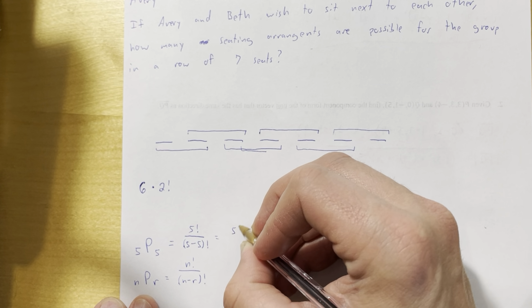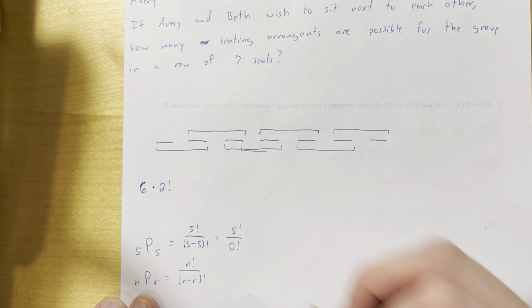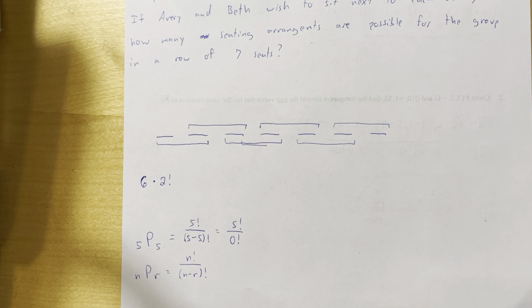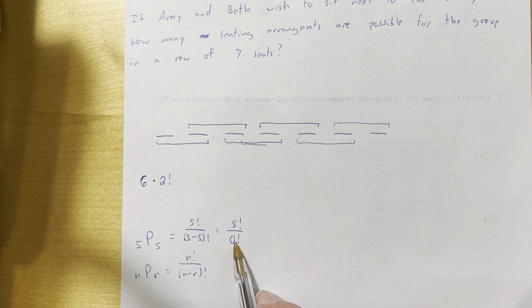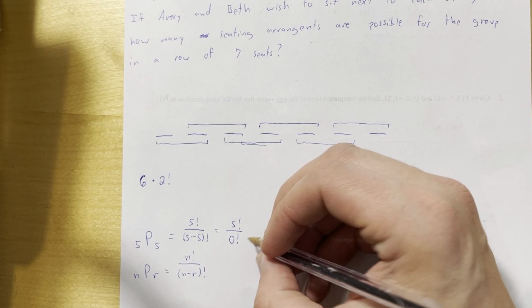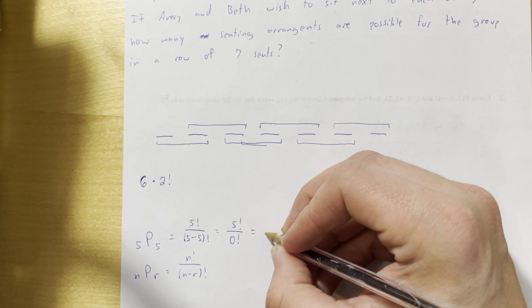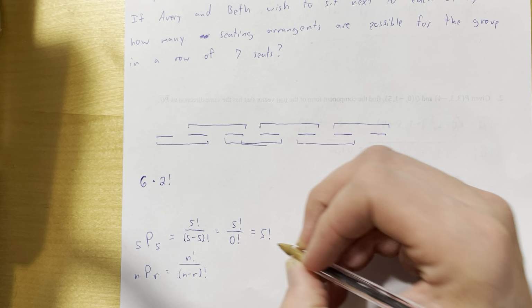Or in other words, 5 factorial over 0 factorial. Now, I believe we discussed this in the parent class, but your gut wants to tell you that 0 factorial is equal to 0. It is actually not. It's equal to 1. And that is a matter of definition. It's not something that we prove. We define it to be equal to 1. This becomes 5 factorial over 1, which is just 5 factorial.